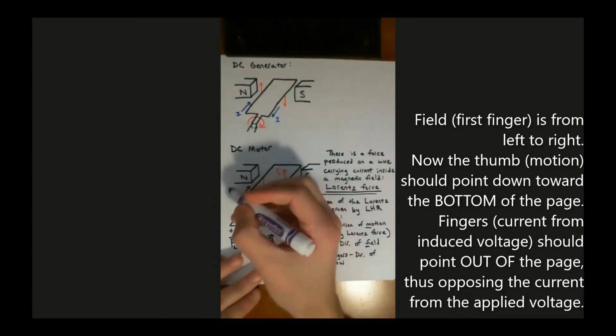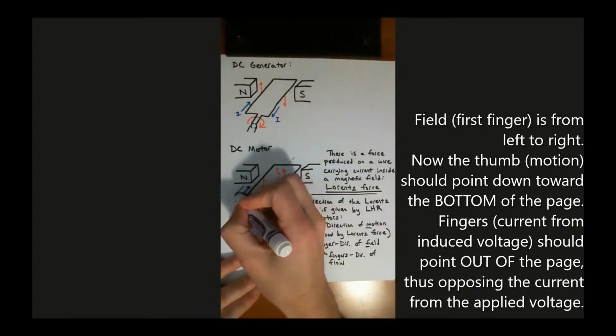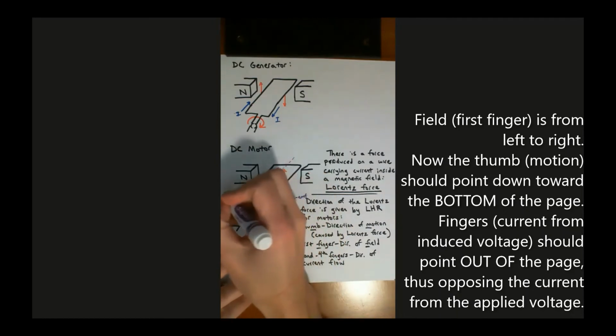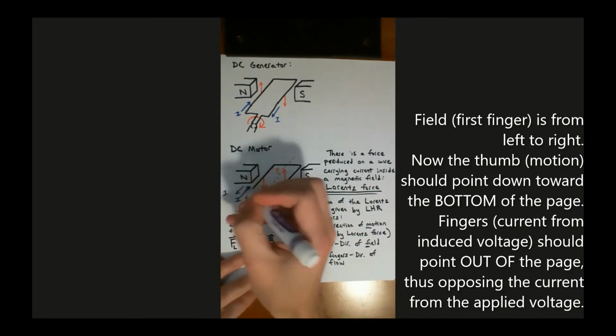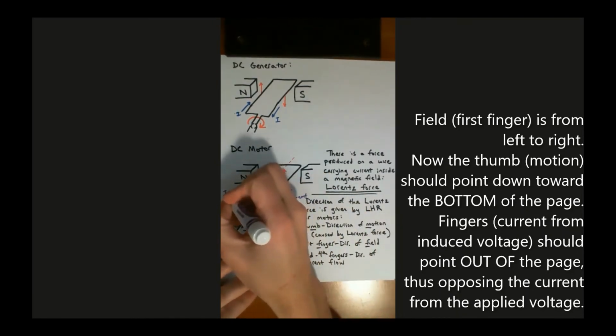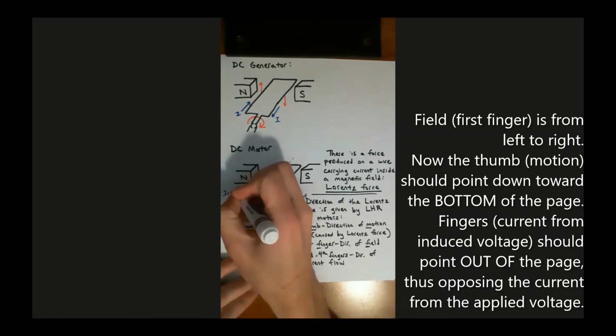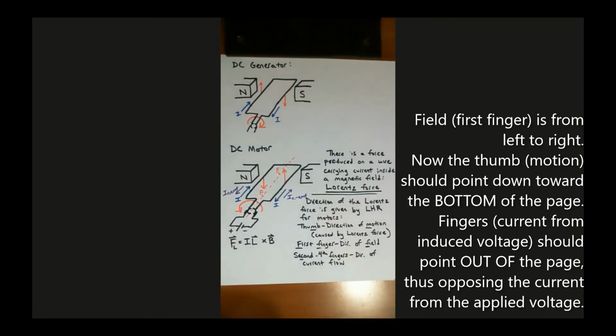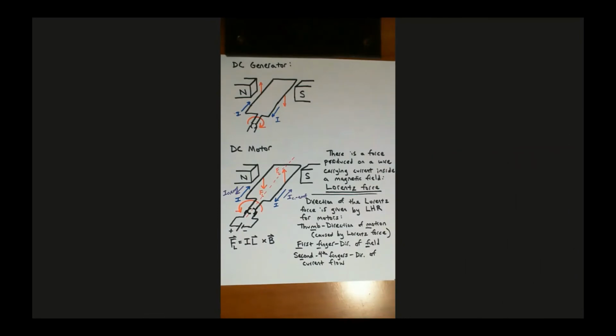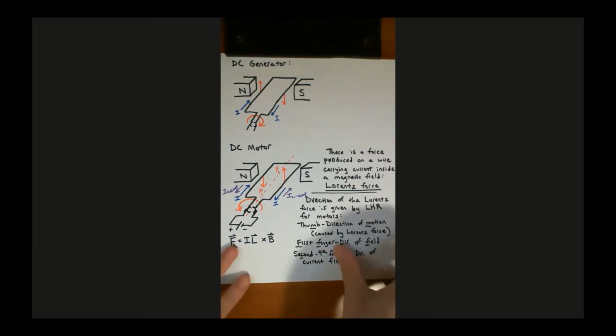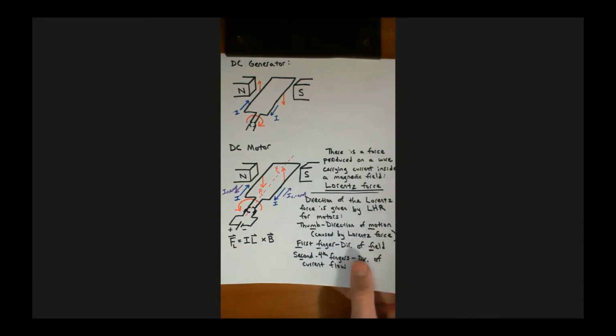So this arrow is going to be going out of the page like this. This is the current that would result from the induced voltage, or the counter EMF. That is a pretty complicated subject, and I expect that was difficult to follow, but let's go ahead and write something down about counter EMF.